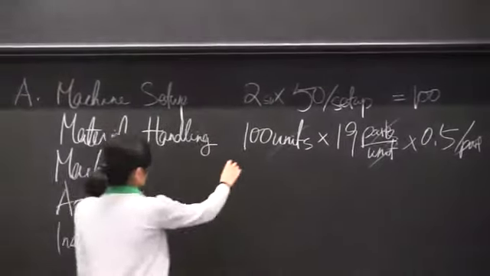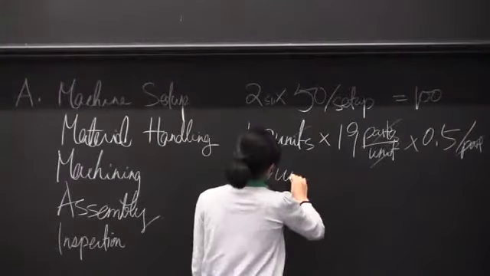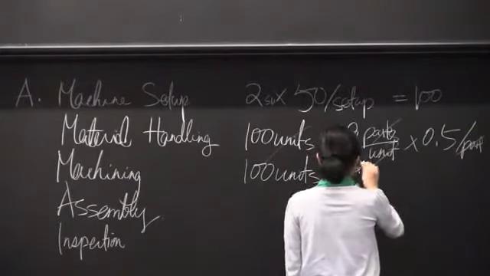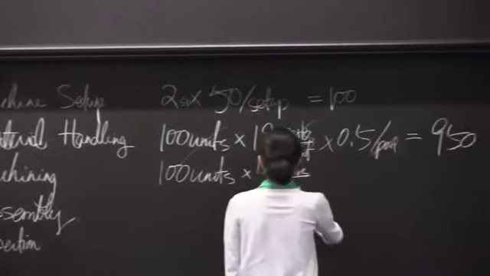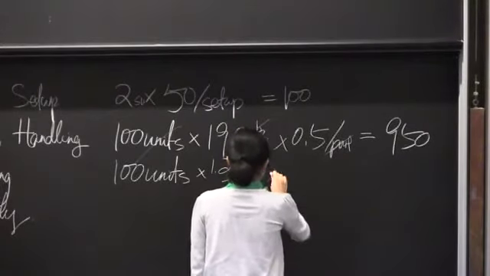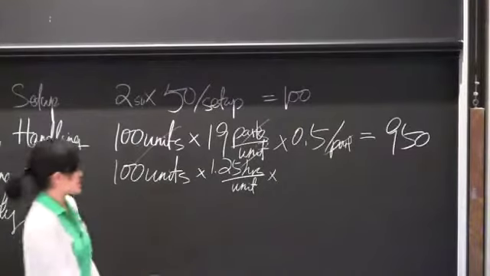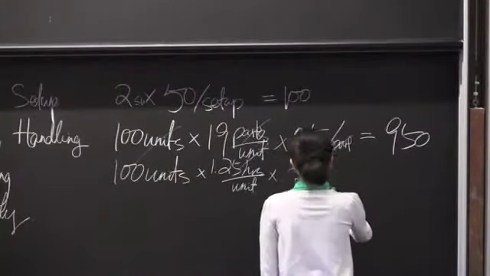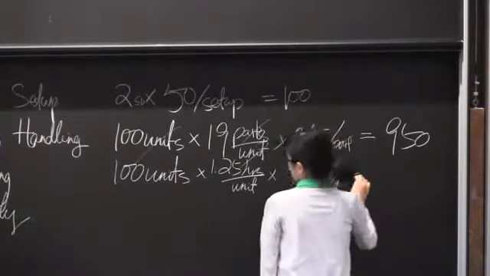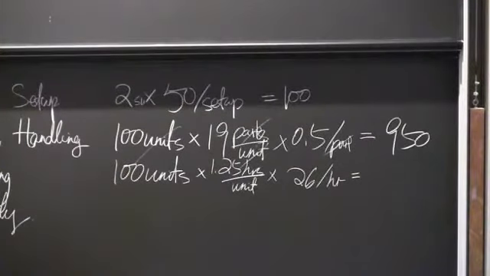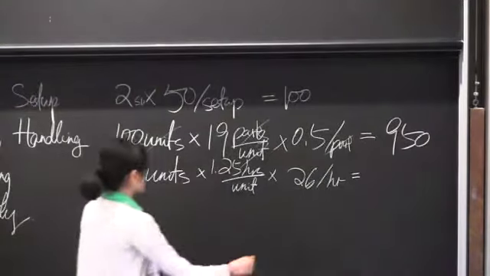They have 100 units, so same thing: 1.25 hours per unit, and their rate is $26 per hour. That gives us 3250.